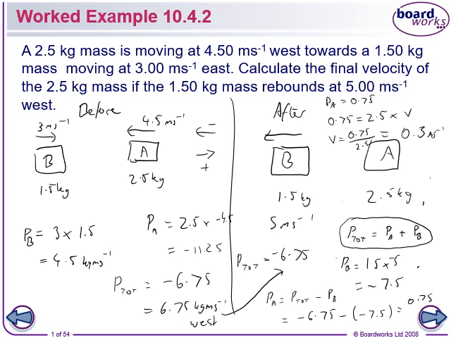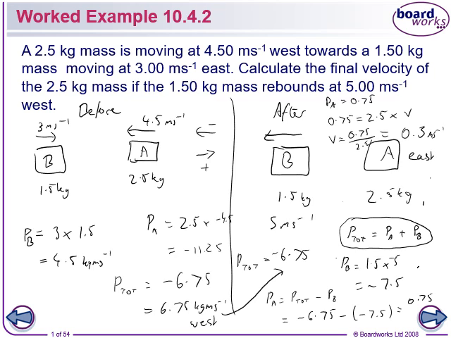So our final velocity of A, which is what we wanted to work out, the final velocity of the 2.5 kilogram mass, is 0.3 meters per second. In which direction? East. How do you know? Because it's positive. If this came out to be negative, it would mean that it's going west again because of our sign convention. But because it is positive, we know that it is 0.3 meters per second east.